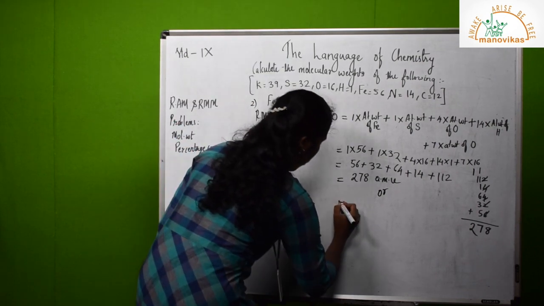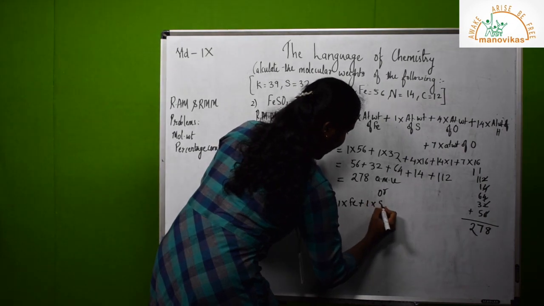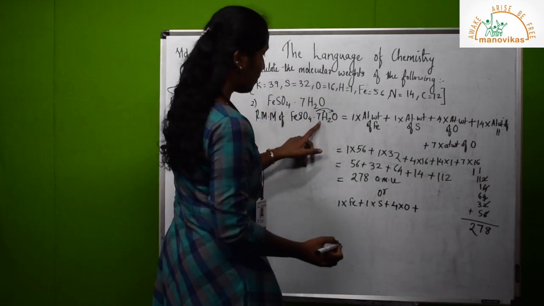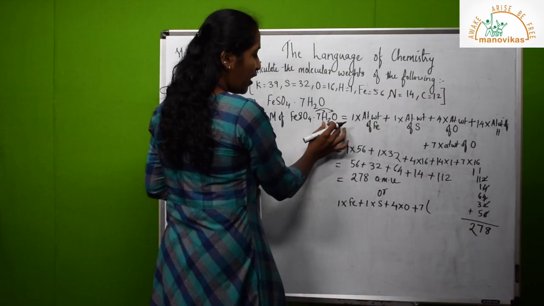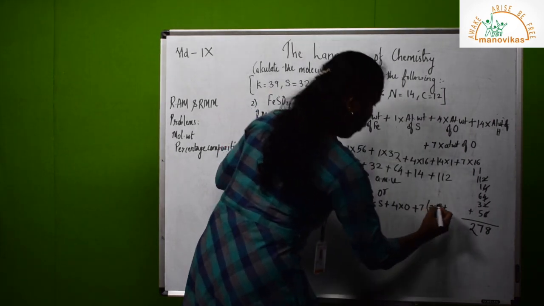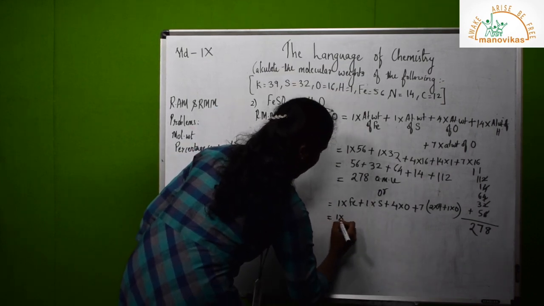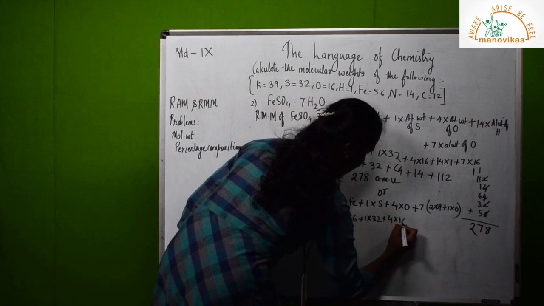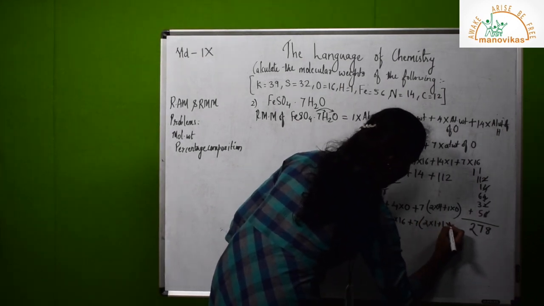That is 1 into Fe plus 1 into S plus 4 times oxygen plus 7, take it common and find the mass of water, that is 2 into H plus 1 into oxygen, that is 1 into 56 plus 1 into 32 plus 4 into 16 plus 7 times 2 into 1 plus 1 into 16.